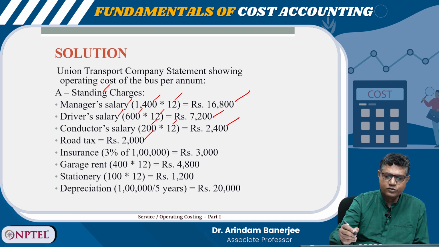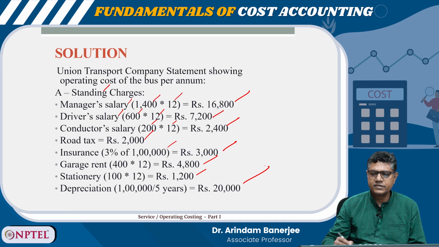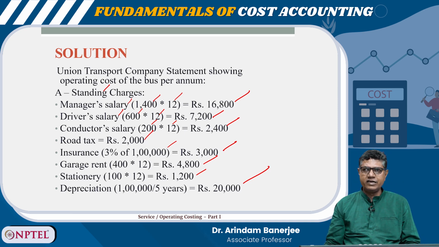Road tax rupees 2000. Insurance 3% of 1 lakh, rupees 3000. Garage rent 400 into 12, 4800. Stationery 100 into 12, 1200. Depreciation for 5 years, per year it is 20,000, that is 1 lakh divided by 5 years.